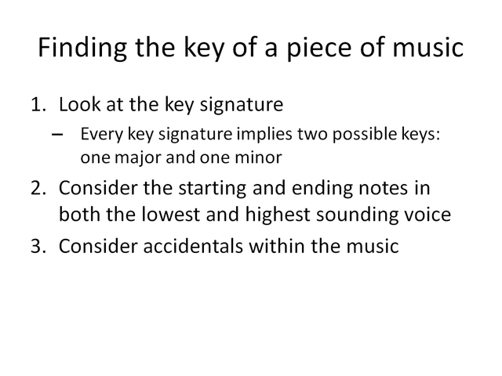So our three steps for determining the key of a complete piece or an excerpt of a complete piece are as follows. Look at the key signature and determine which two possible keys are suggested by the key signature. Consider the starting and ending notes in both the lowest and highest sounding voices, or instrumental parts, and consider accidentals within the music.